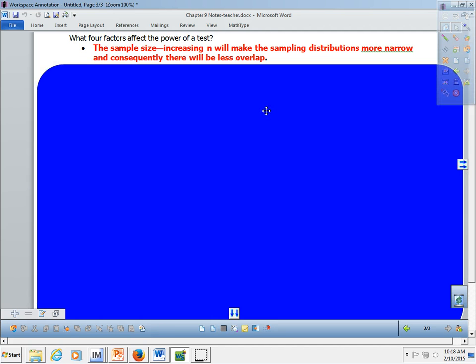Think about the power of a test as how strong the test is, right? The strength of the test is only indicated in correctly rejecting H naught, right? So if H naught is false, then the test should pick up the fact that it's false and reject it. That's the power, okay?